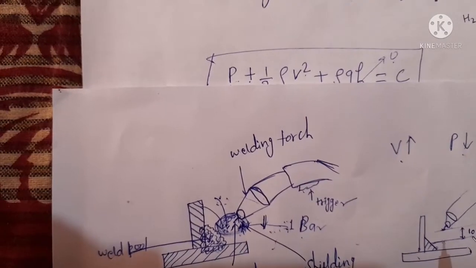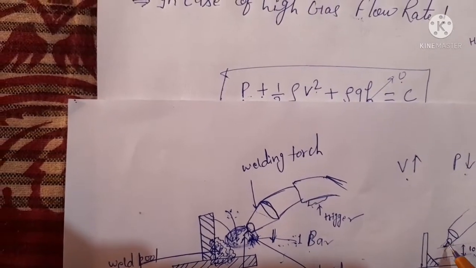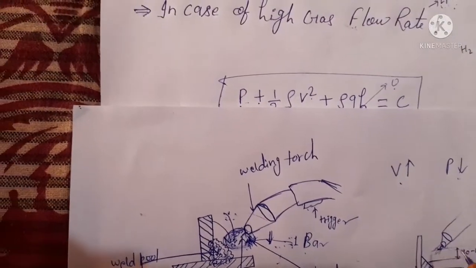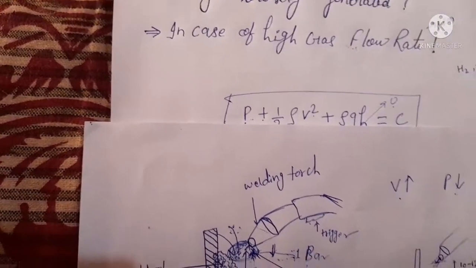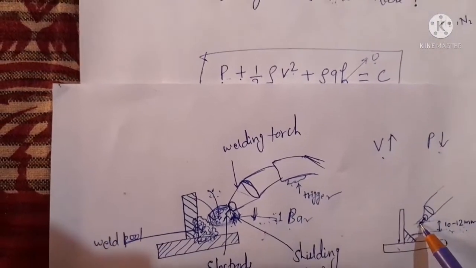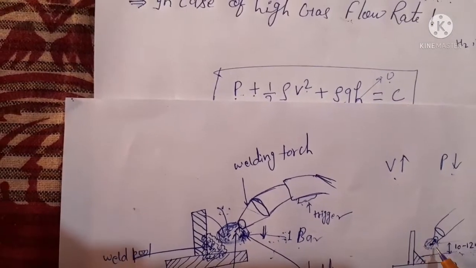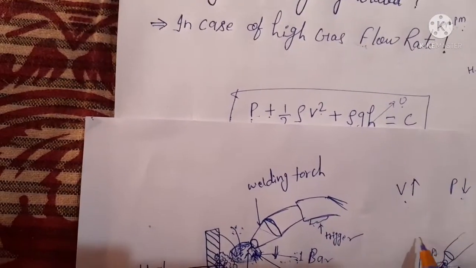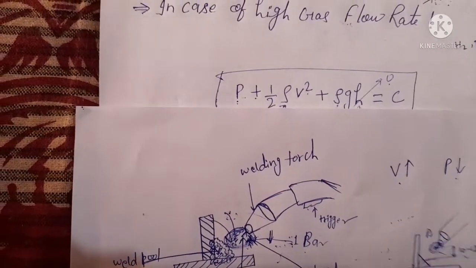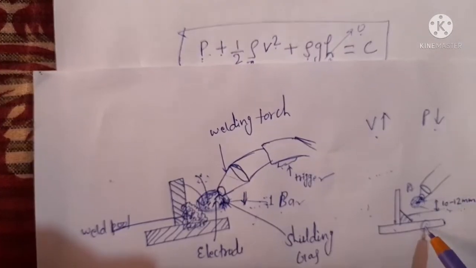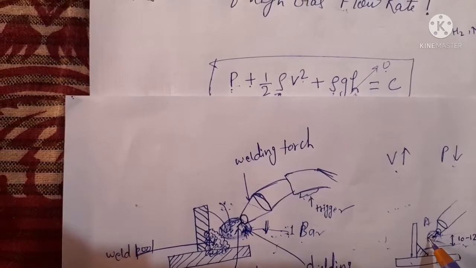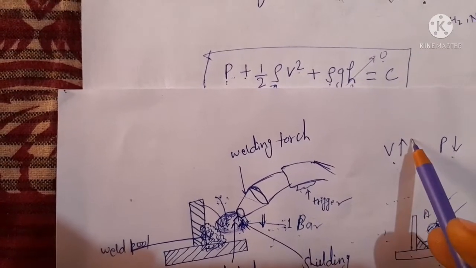Friends, again we try to help you understand: if the gas flow is very high, velocity very high, then near here the pressure is very low with respect to the environment pressure. Then the environment pressure is very high as compared to here, because here velocity is high.